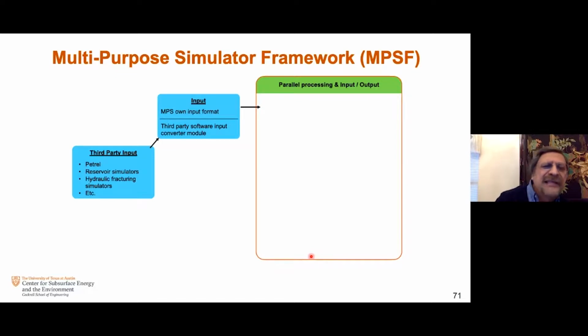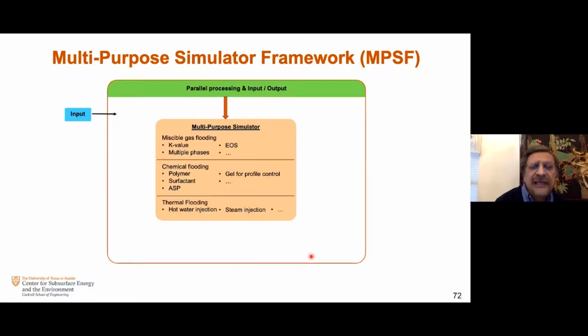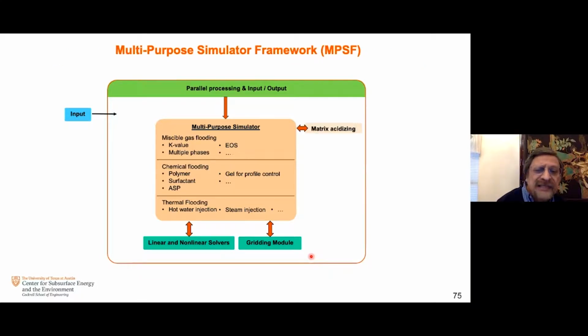We have the capability to put in inputs very similar to the Eclipse simulator, and we will have our own input processor. Efforts are being made to parallelize everything. The reason I call this multi-purpose is that it has miscible gas flooding, chemical flooding, and thermal flooding. All of these will use the same sort of gridding, so the gridding modules are separate solvers.